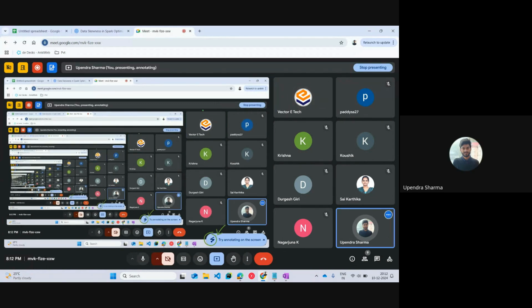Thanks a lot. Wonderful. Okay, so today we'll be covering one of the most important data optimization techniques in Spark. As we all know, Spark is a distributed data processing engine, right? So it basically processes our data using what is called an in-memory mechanism.